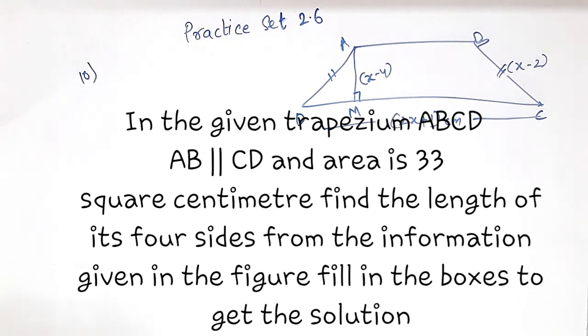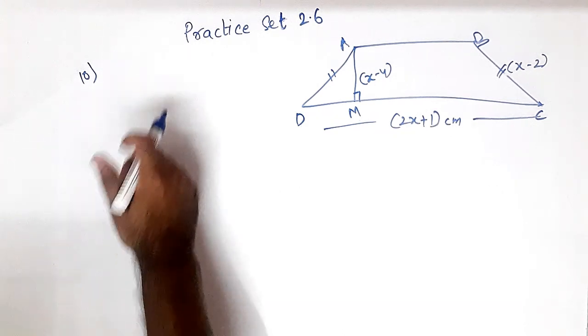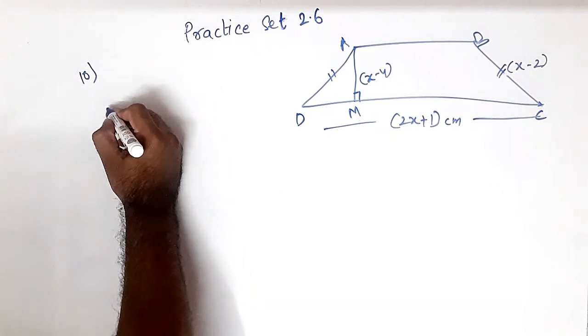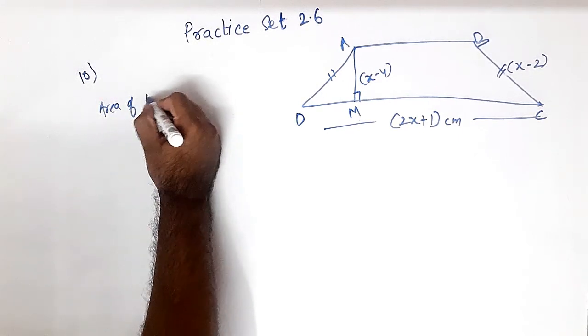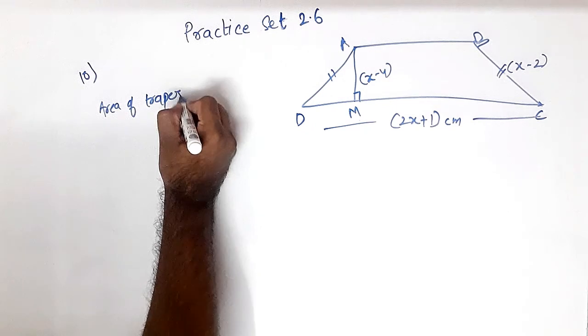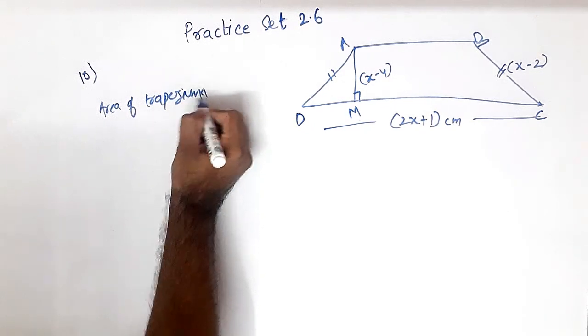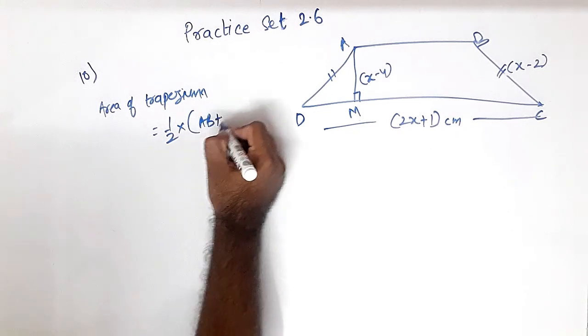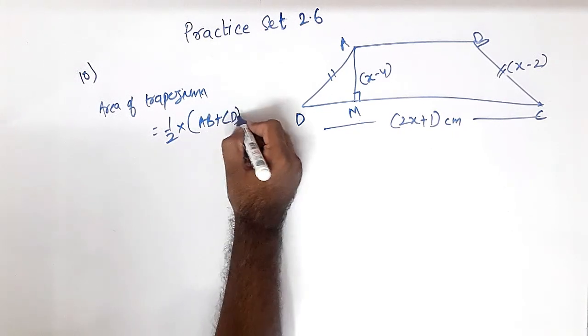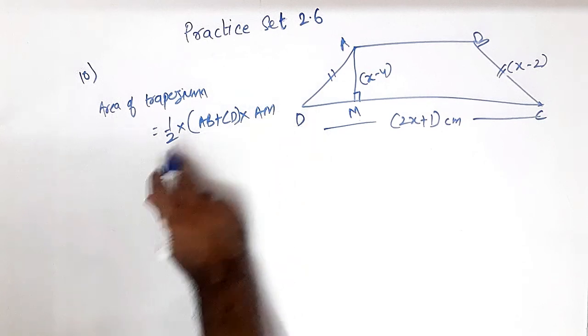You know the area of a trapezium, AB is parallel to CD. Area of trapezium is equal to half into the sum of parallel sides AB plus CD into height.